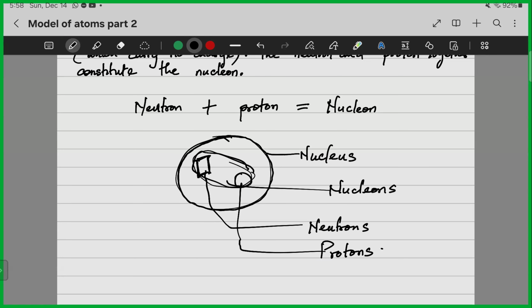So nucleus, nucleons, neutrons, protons, keep all of that in mind.